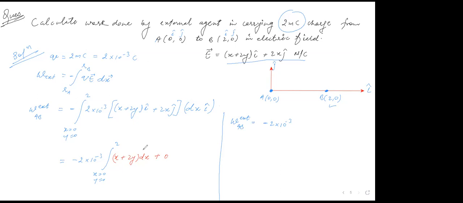Can you tell me in this part which one is differentiated and which one is not? X is differentiated. 2y is not differentiated, so that term will be 0, and we are going to integrate only x now: from x is 0, y is 0 to 2, integration of x dx.